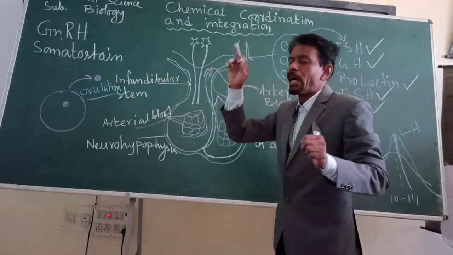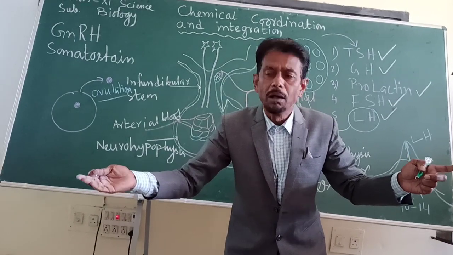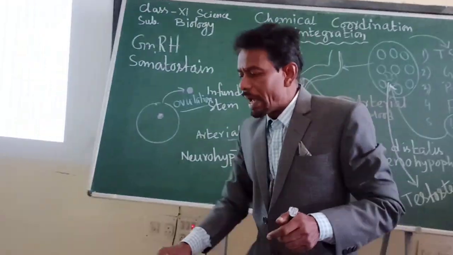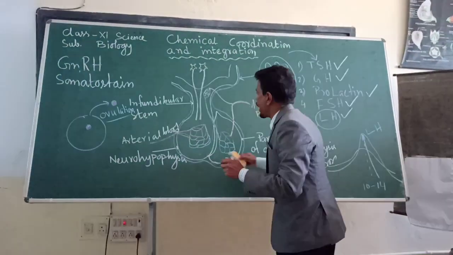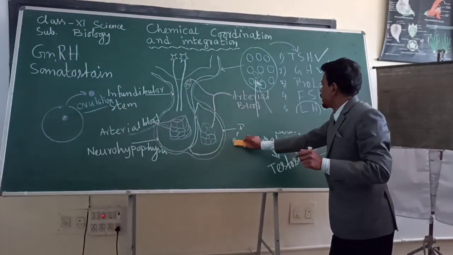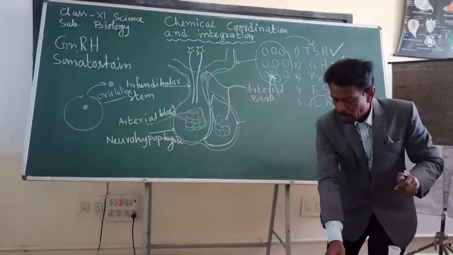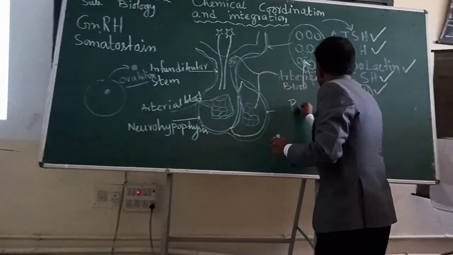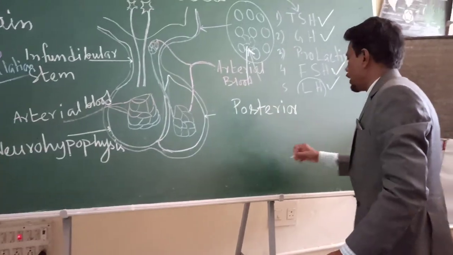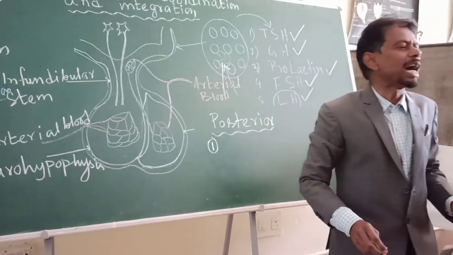But the posterior pituitary gland also has a very important role in hormone production. So let me use the posterior pituitary gland. What are the hormones produced? From the posterior pituitary gland, two main hormones are produced.